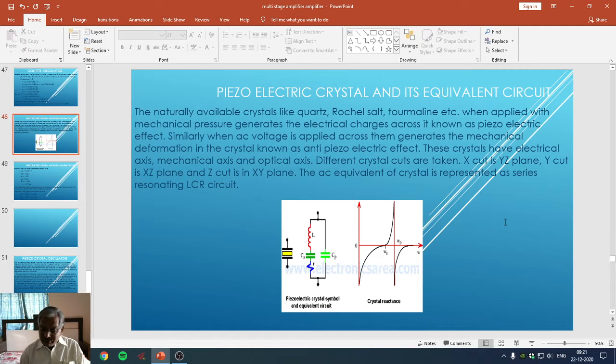Prior to studying the Pierce crystal oscillator, we are interested in studying the meaning of crystal and its equivalent circuit.